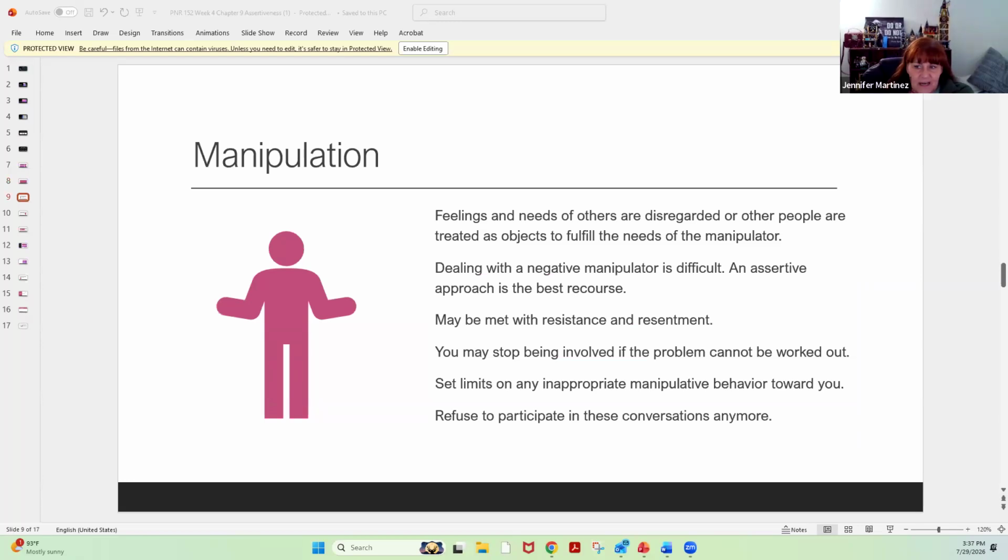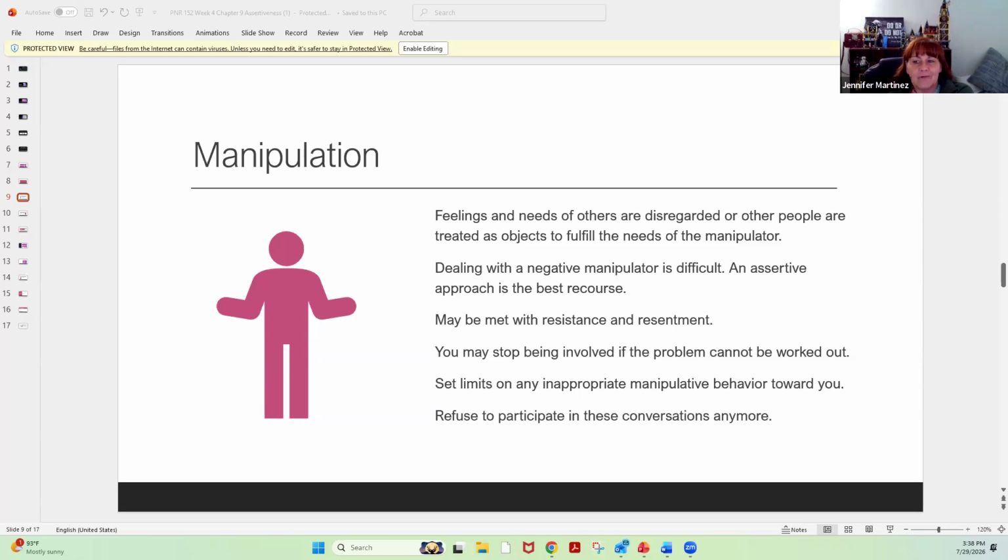Manipulation. This is another one. And I will tell you, your mental health patients are probably the best at manipulation. So feelings and needs of others are disregarded, or other people are treated as objects to fulfill the needs of the manipulator.